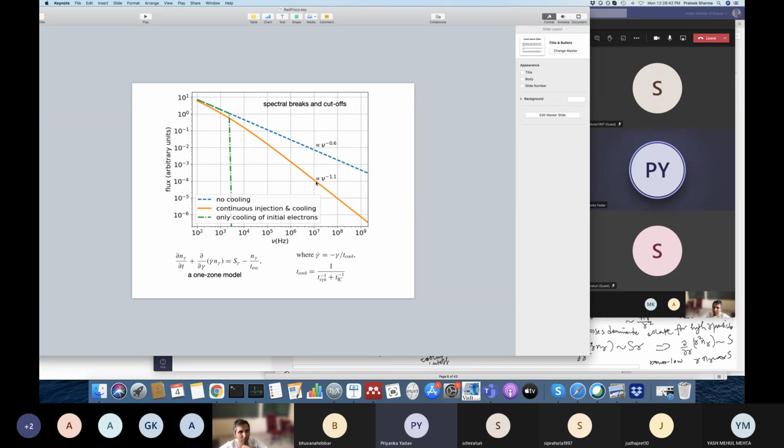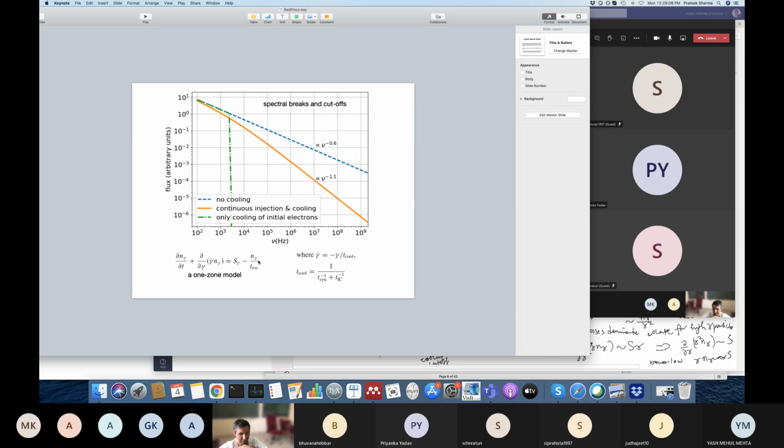Yes. And this one, minus 1. Sir, in this, we are considering S nu not equal to 0, and we are getting a factor of gamma raised to power minus 1 because of cooling of these electrons. So the balance is between S gamma and this term. Yes, between S gamma and this term.